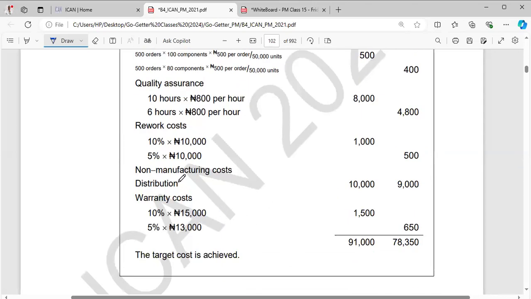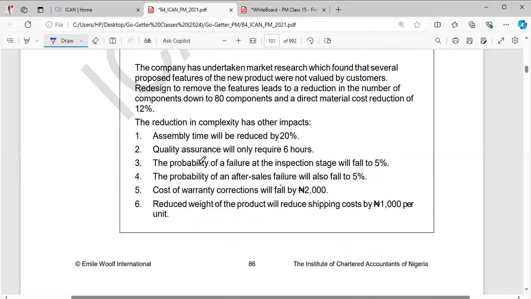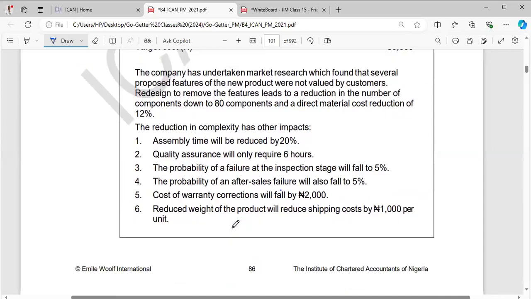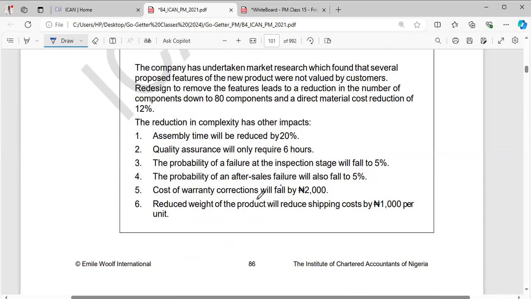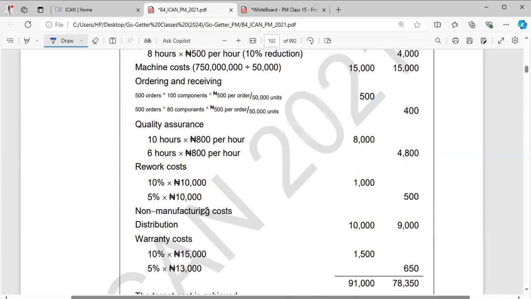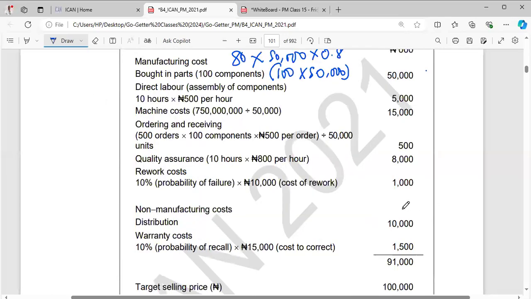Non-manufacturing distribution, what were we told about distribution? Distribution. Okay. Let's see how they calculate the distribution.